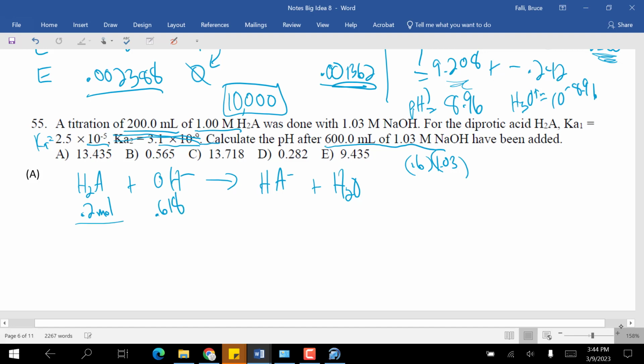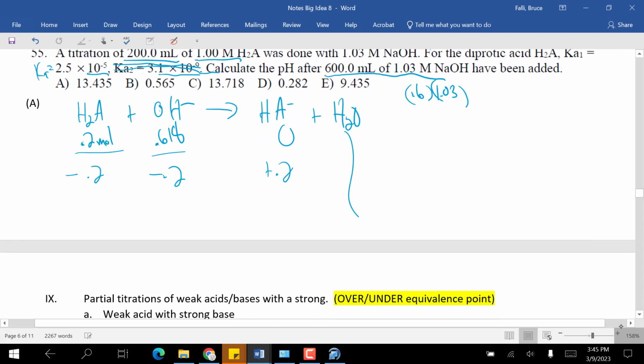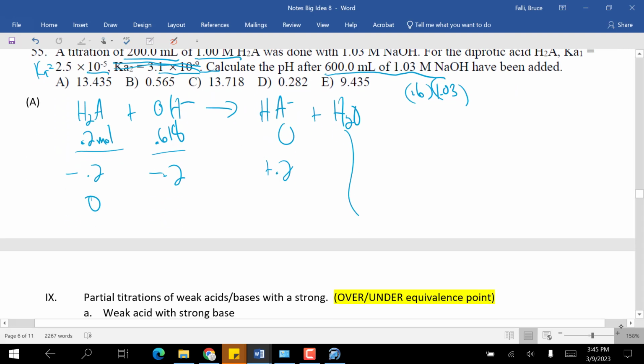Notice, this is a whole bunch and this is a little. Because I've got this in here twice, I'm actually going to dump this one out. So the first thing that's going to happen is minus 0.2, minus 0.2, plus 0.2, 0. So I'm going to have 0, 0.418, and 0.2. Now this is going to react with this again.